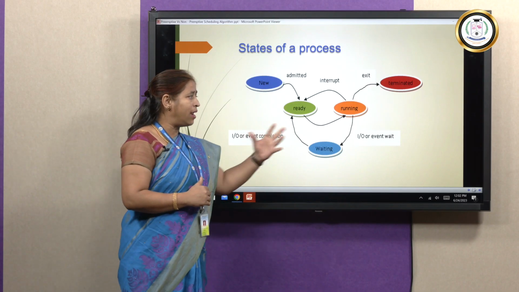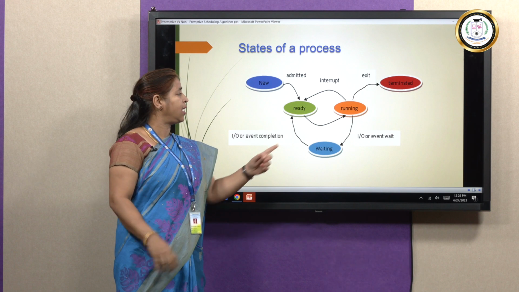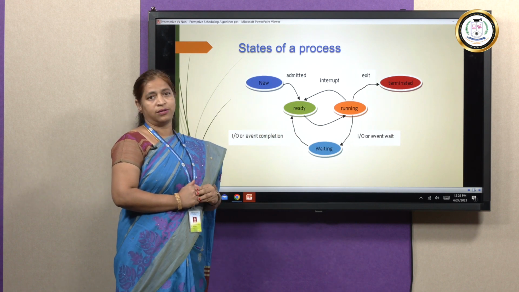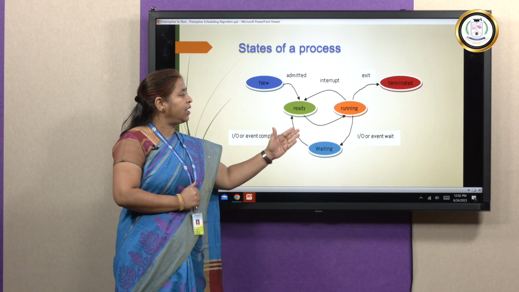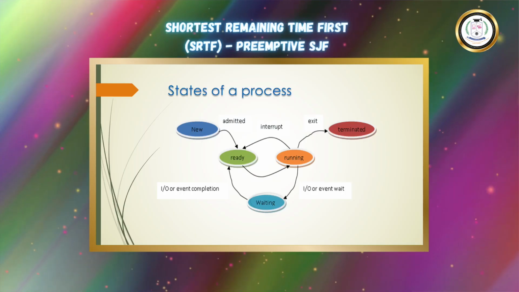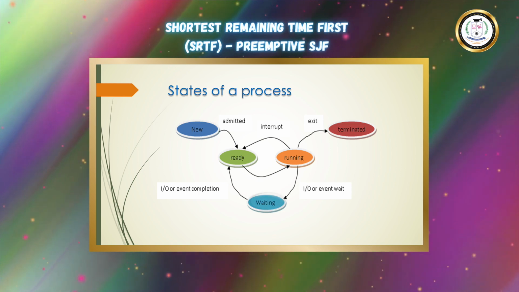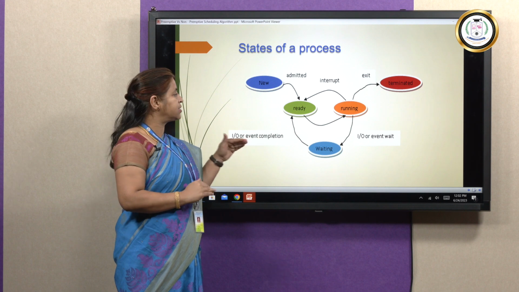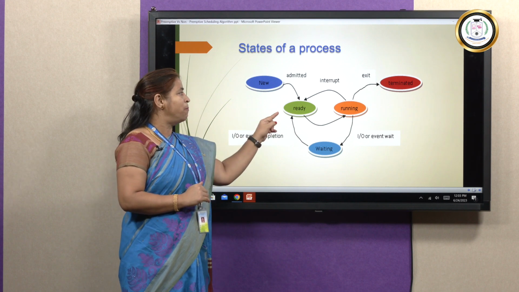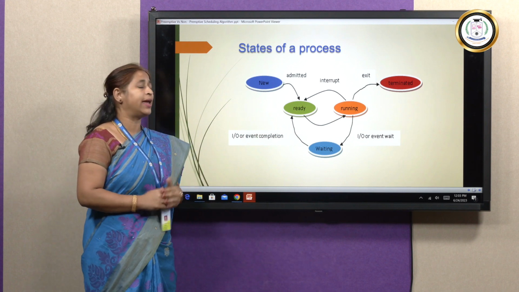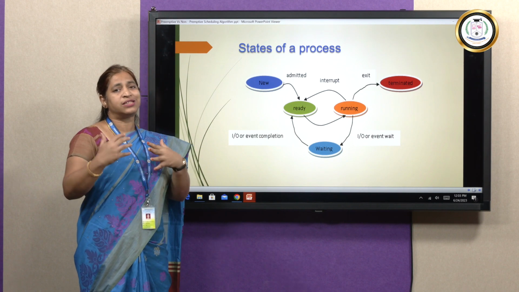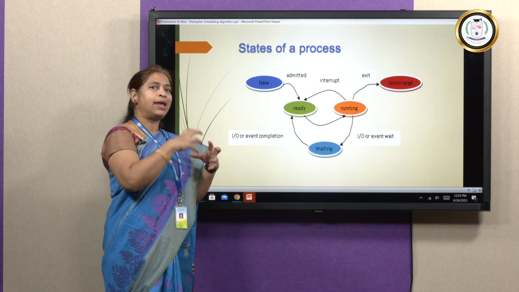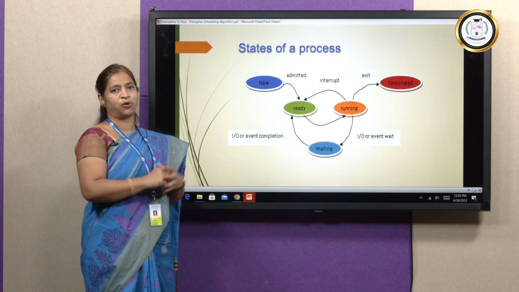While running, if any IO operation is in need by the running state, or if any event wait occurs, then it will go back to waiting state, where it will wait. Whenever IO operation is over, the event is completed, then it will be back to ready state, where again it will be waiting for the scheduler to schedule the particular process by giving CPU for the process.